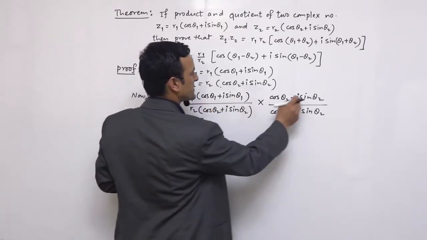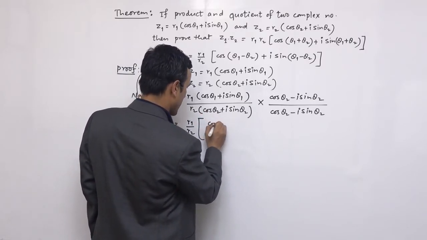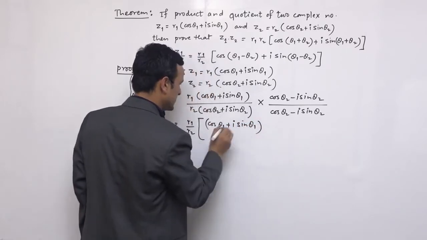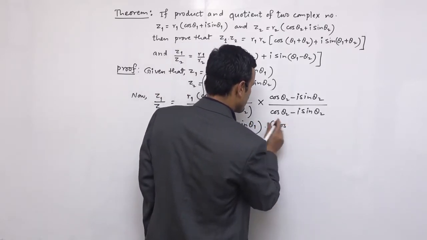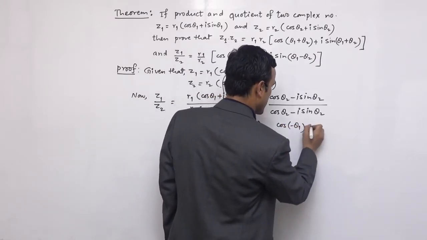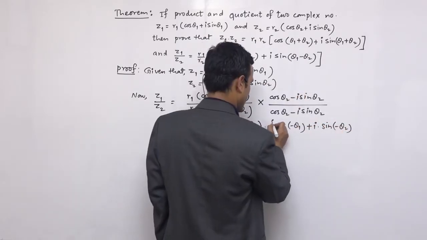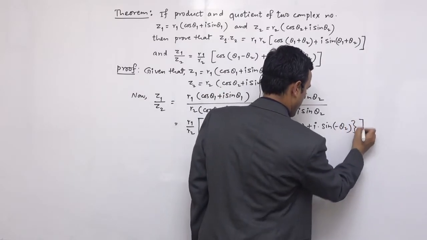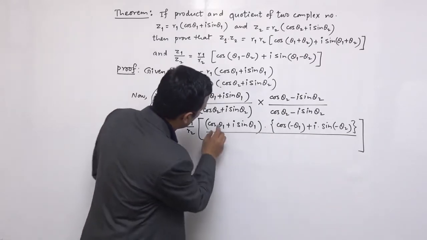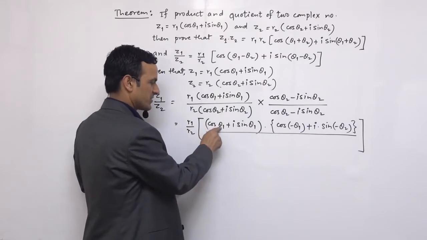Now this times of this, what will happen? Then cos theta 1 plus I sin theta 1 into cos minus theta 2 plus I sin minus theta 2 over here. Now we have to match the angle theta 1 of this and the angle theta 1 of that.